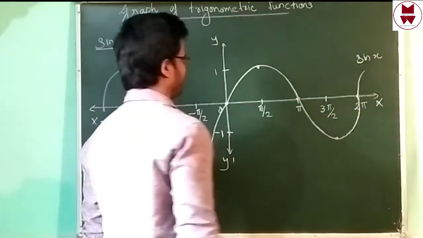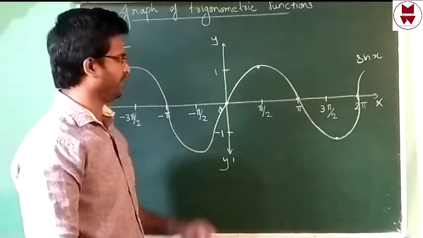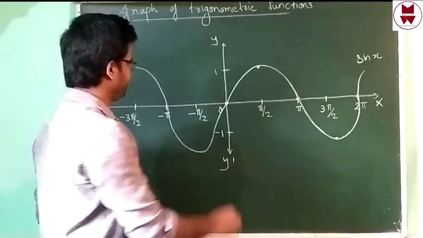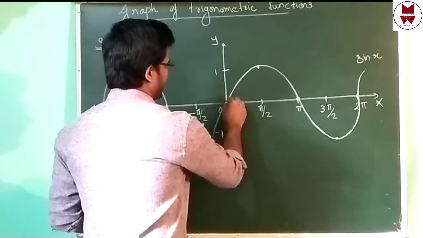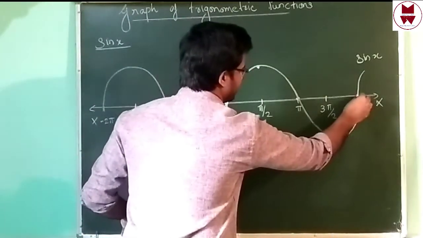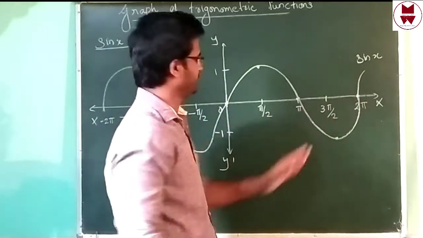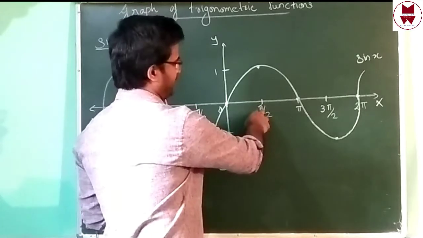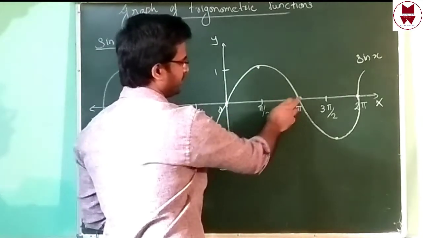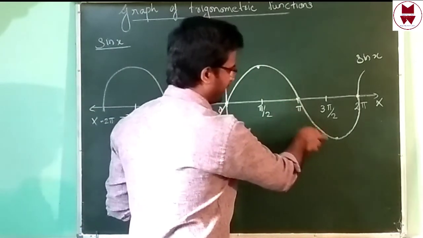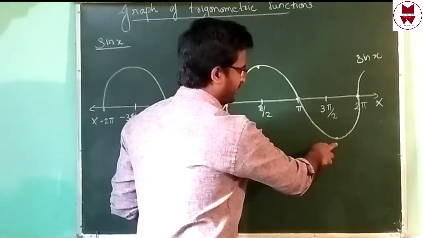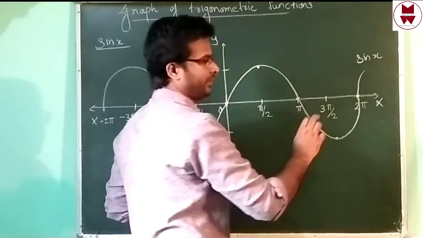In this graph, you can see from 0 up to 360 the different values. That means 1 at 90, then at pi, 180, it is 0, at 270 it is minus 1, then 0 like that.